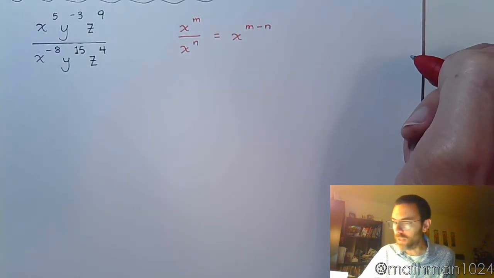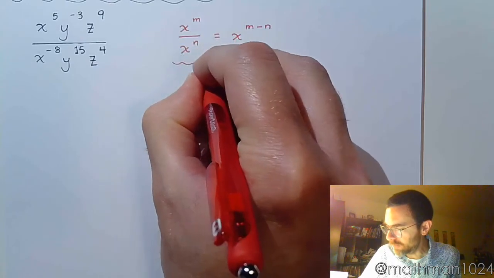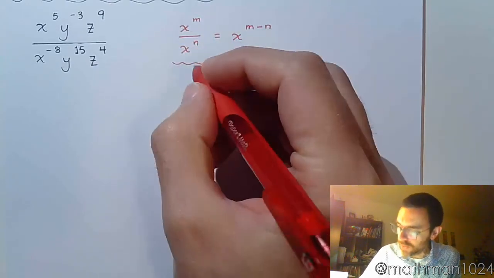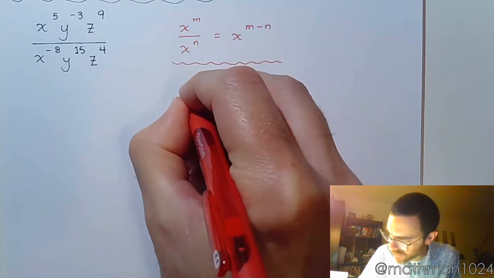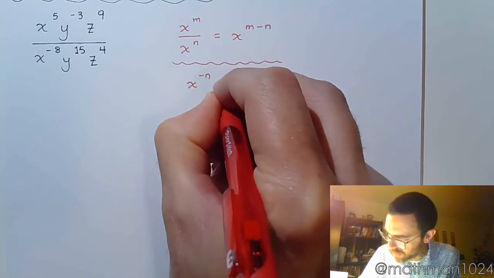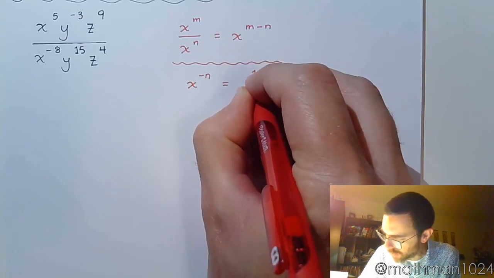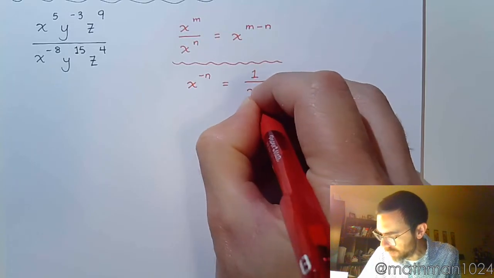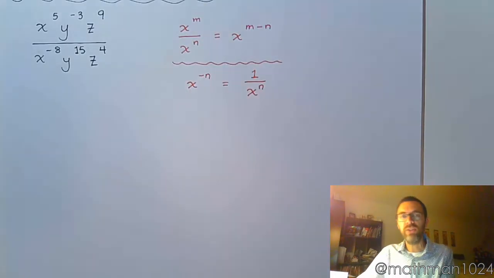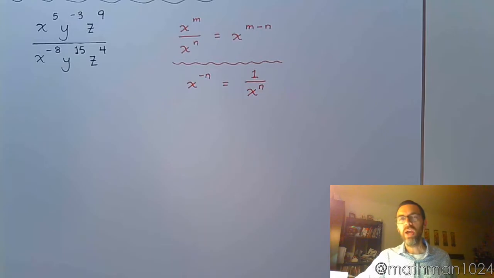That's one property. And then we also have this: x to the negative n means 1 over x to the n. When it comes to negative powers, it just means you're doing the reciprocal, which means you put it on the other side of the fraction bar.